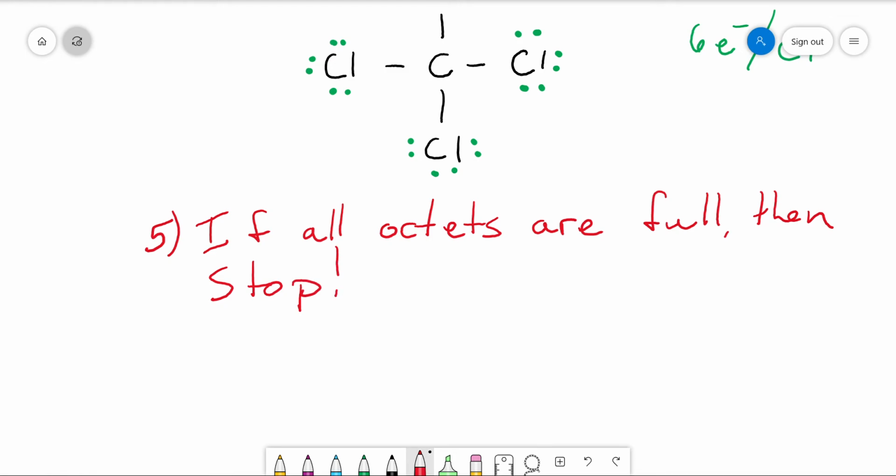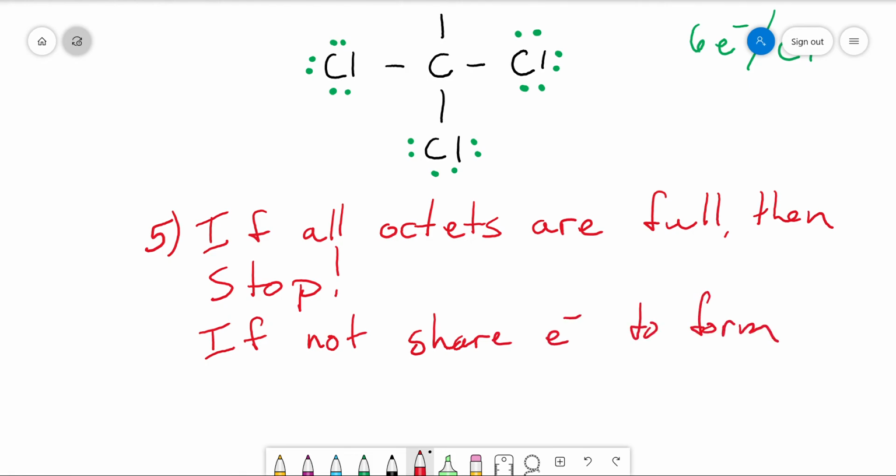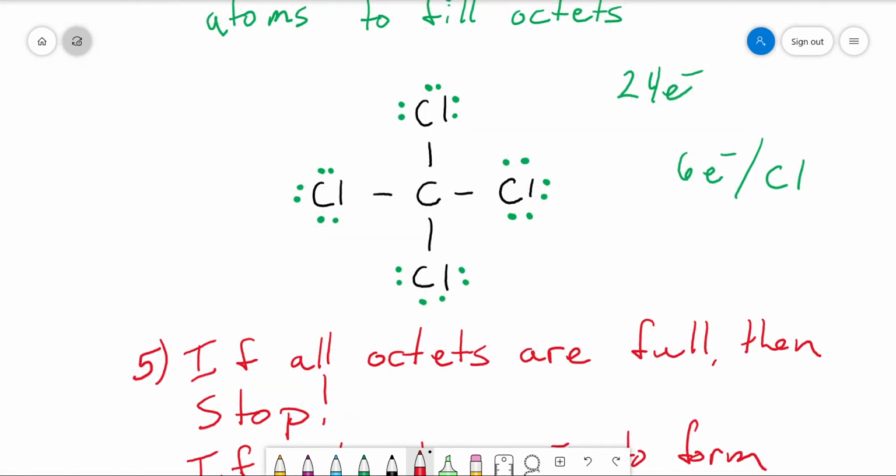And if not, share electrons to form multiple bonds. I'm not going to do that in this video. I'll save that for the next video. But let's look to make sure that all these octets are full.